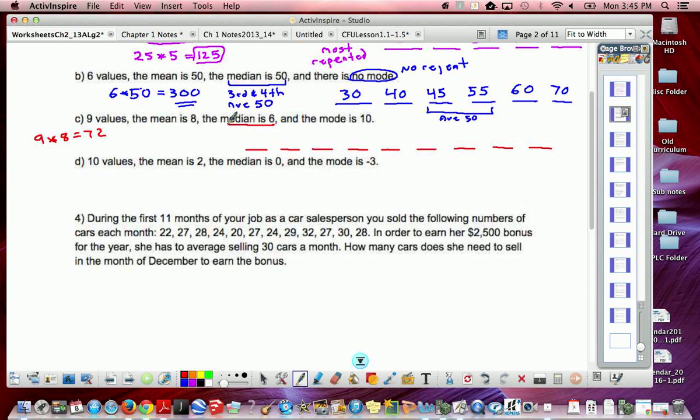Well, since I have 9 data points, that means the 5th term must be a 6. So if I count 1, 2, 3, 4, 5, so the 5th term must be a 6. Now the mode must be 10. So 10 must be listed the most.